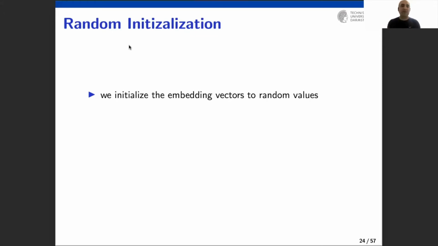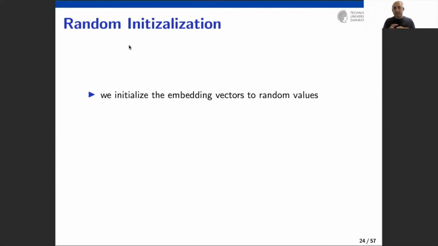The first answer is to randomly initialize word vectors. So what if we just randomly say, okay, this vector should be assigned to dog, this vector should be assigned to cat, this vector to eye, this vector to love, and so on, right? And then we use these vectors as parameters in our neural model, and we fine-tune these parameters during the training of the neural network.